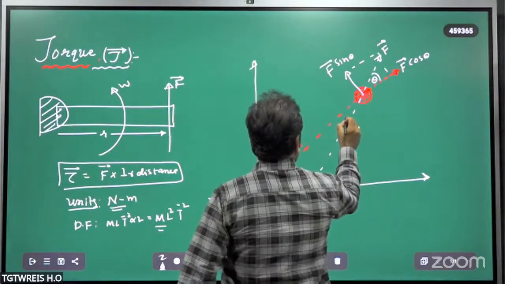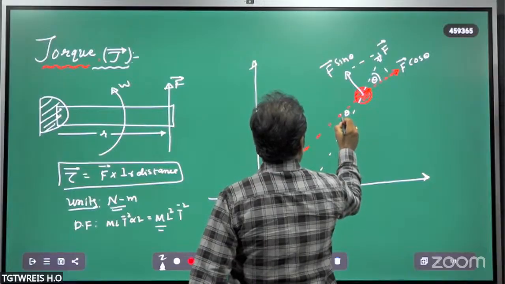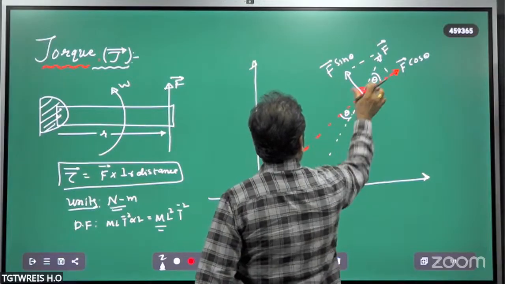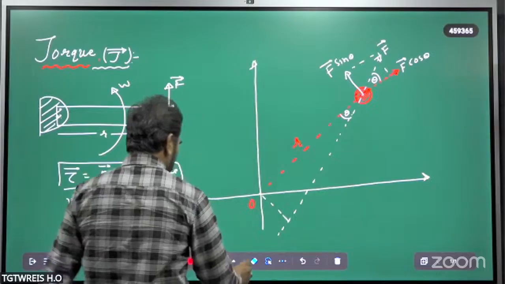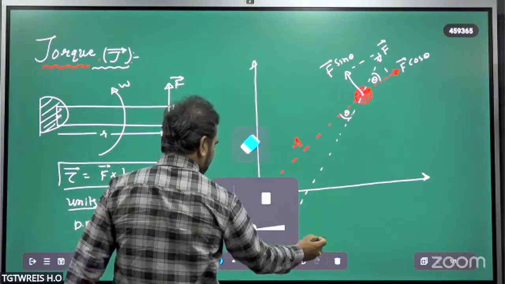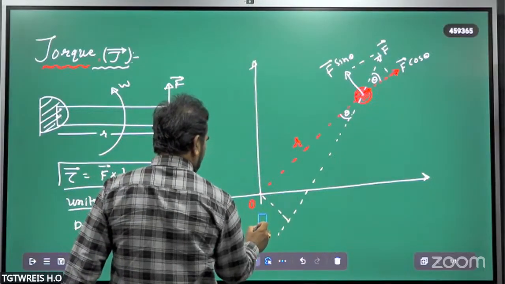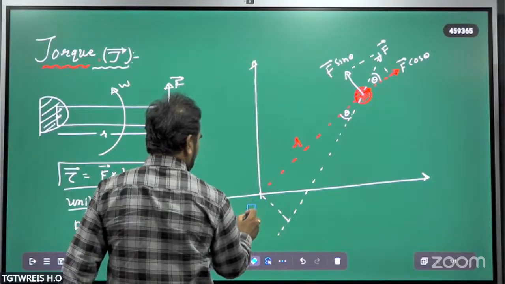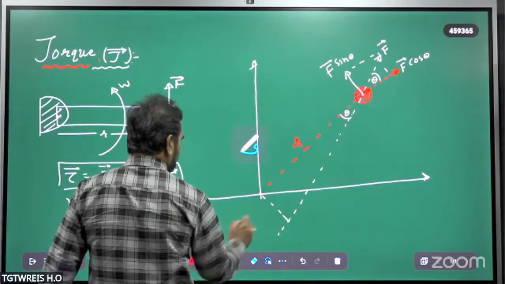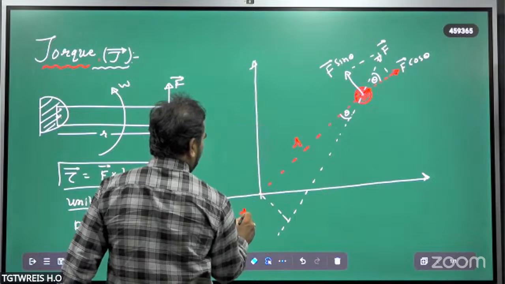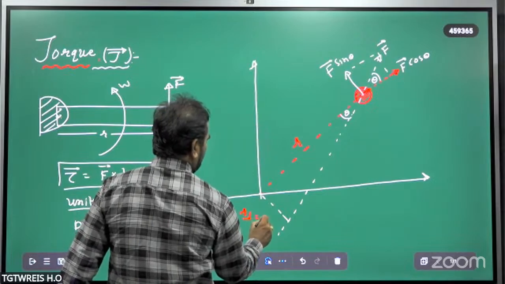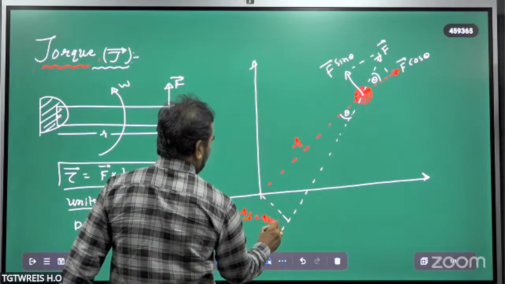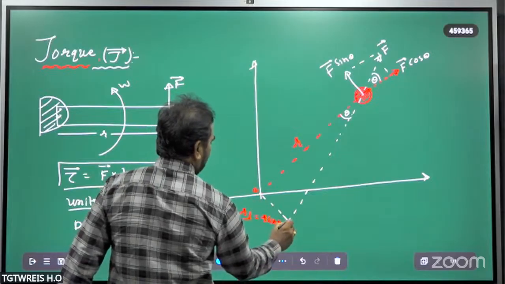The angle of inclination is theta, which we have already taken. So the distance would be r perpendicular, which is equal to r sin theta, called the perpendicular distance.